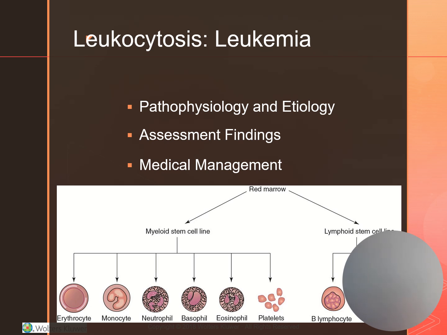These clients will experience severe anemia. Now remember, leukocytosis, this is dealing with the white blood cells. So now our clients are going to be at a high risk for infections. Fatigue, easy bruising, fever, enlarged spleen and lymph nodes. Remember, the spleen and lymph nodes are going to be part of our immune system.